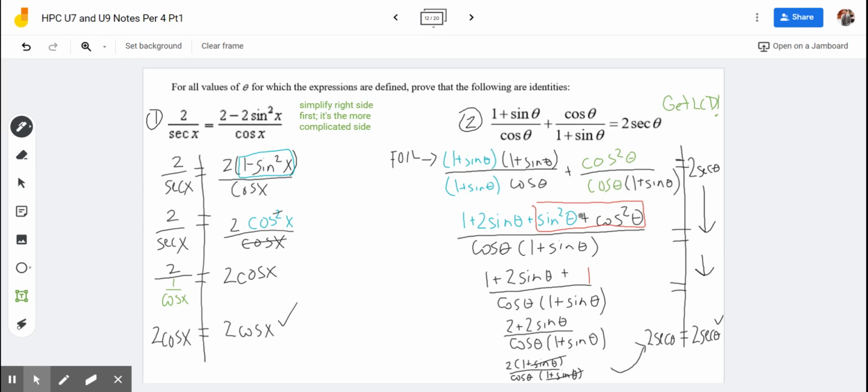So you can see how, especially when we're dealing with multiple terms, it can get a little bit messy with the algebra, but if you stay patient with it, you can eventually see that the identities are going to be equal. All right, let's do a couple more.